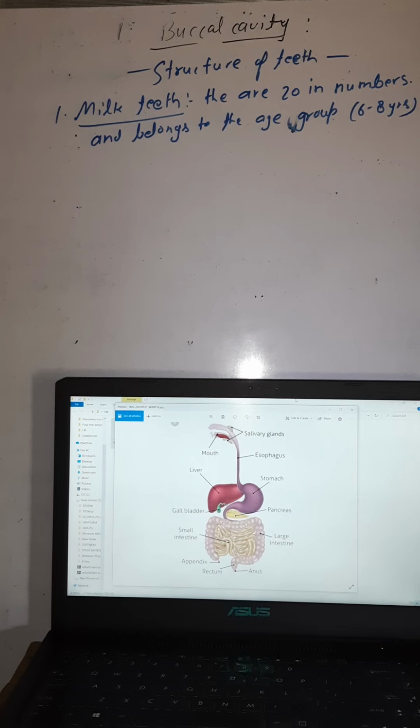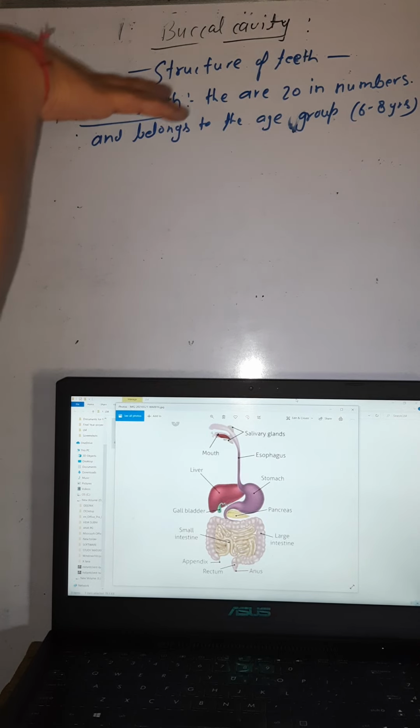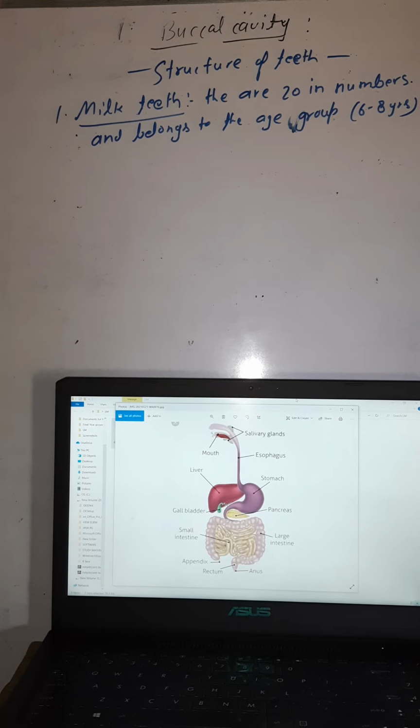Later on, when we grow old and become adults, we have a separate set of teeth. The milk teeth break, and then we have a different set of teeth called the permanent teeth.